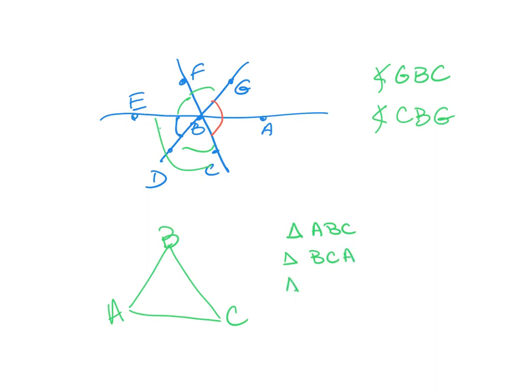And then we can start with C. CAB. But then we can go counterclockwise, and that would be ACB. Triangle CBA and BAC.